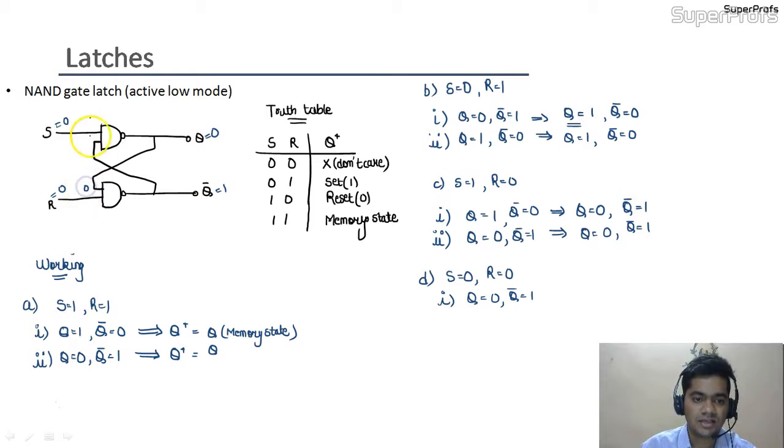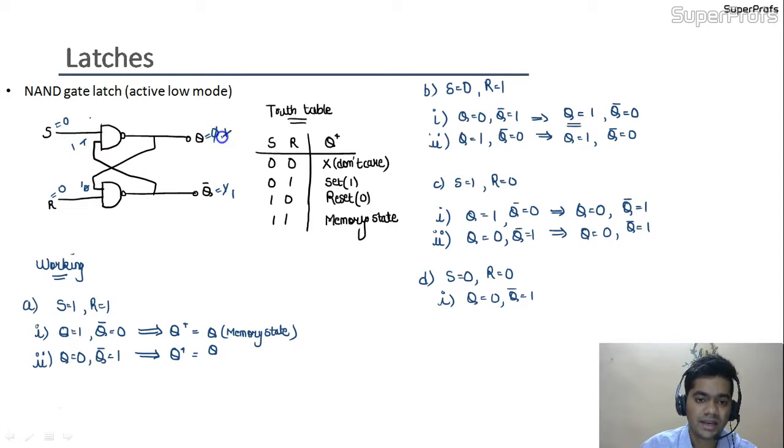So this 0 would come here and this 1 would come here. So 0 1 NAND gate would result in 1 and 0 0 NAND gate would also result in 1. Now again transfer this 1 to this point and this 1 to this point.